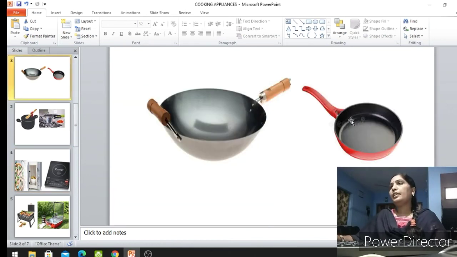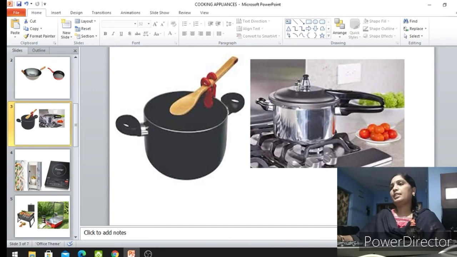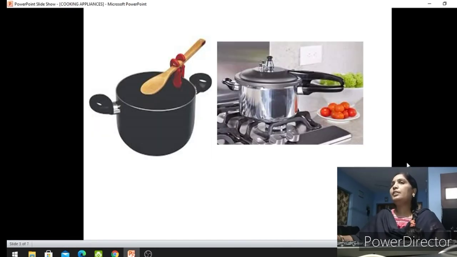A frying pan is not very deep in structure, and it is not for deep frying, only shallow frying. A little frying can be done using these frying pans. And non-stick cookware, frying pans and pressure cookers, these are all good for our health.